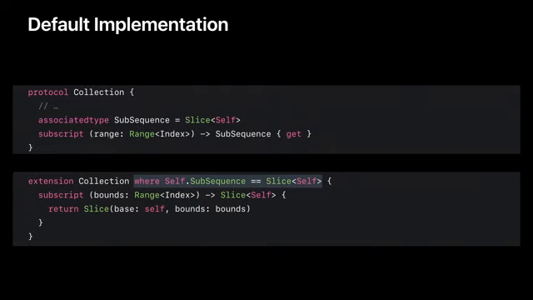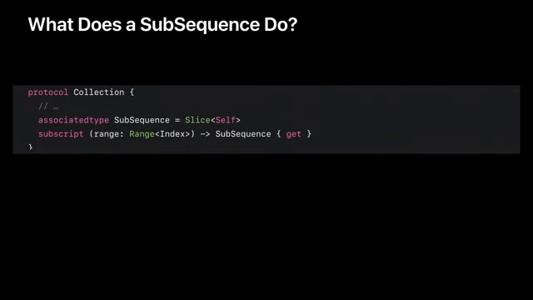But remember our goal here. We're trying to write our divide and conquer algorithms against the collection protocol. So we have to answer one really important question. What does subsequence do? All we know about subsequence right now is that it's the result type of the slicing subscript operation, but we need more to actually use it.